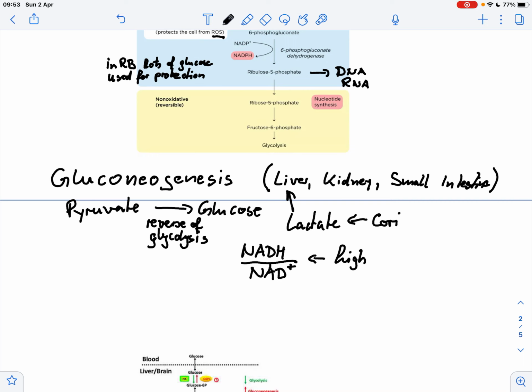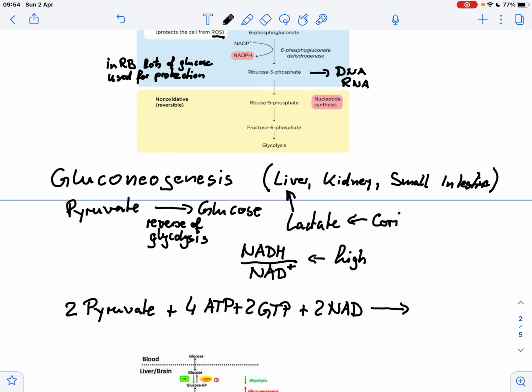This basically tells the liver we've got lots of NADH here and we need to do something, because the overall reaction for gluconeogenesis is we take 2 molecules of pyruvate and we need 4 molecules of ATP plus 2 molecules of GTP plus 2 molecules of NADH.